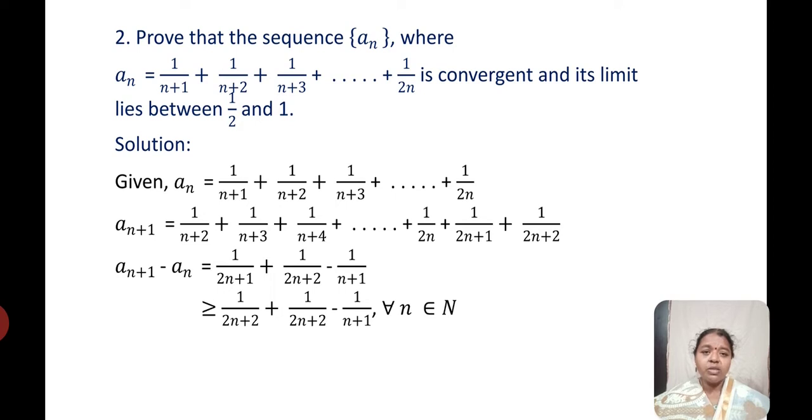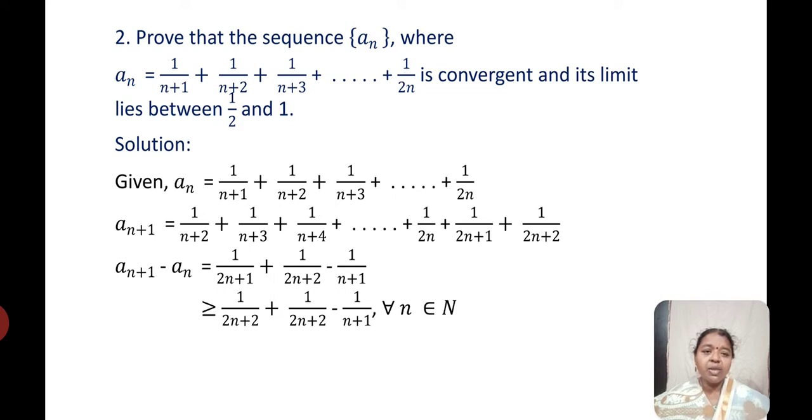And an plus 1 would be the same terms plus 1 by 2n plus 1 plus 1 by 2n plus 2. Next we would be taking the difference of them, which is an plus 1 minus an is equal to 1 by 2n plus 1 plus 1 by 2n plus 2 minus 1 by n plus 1.